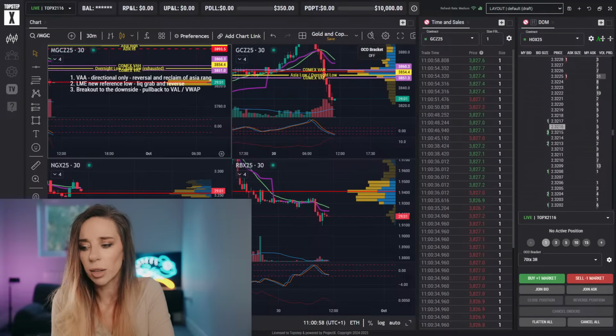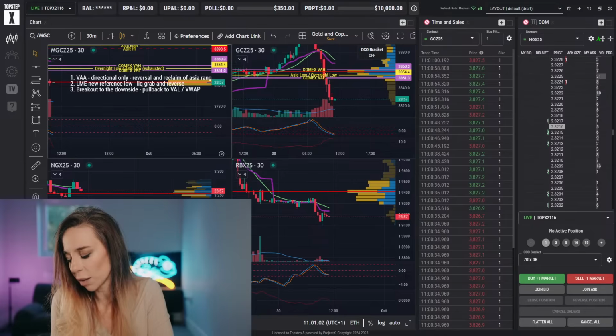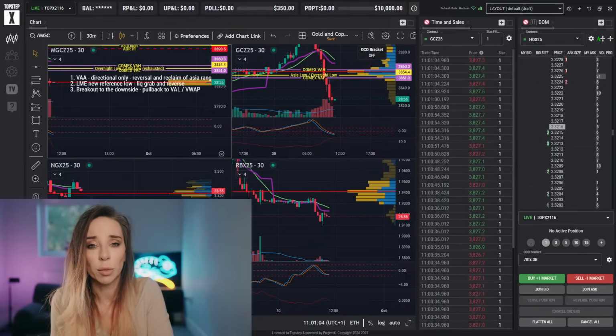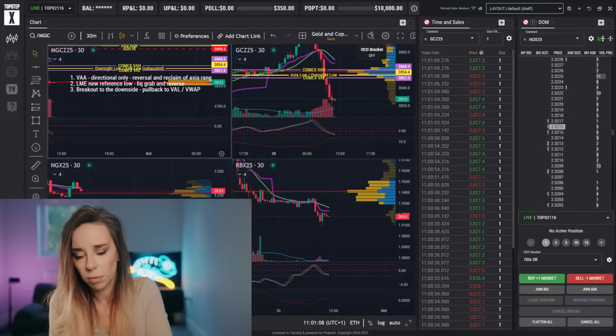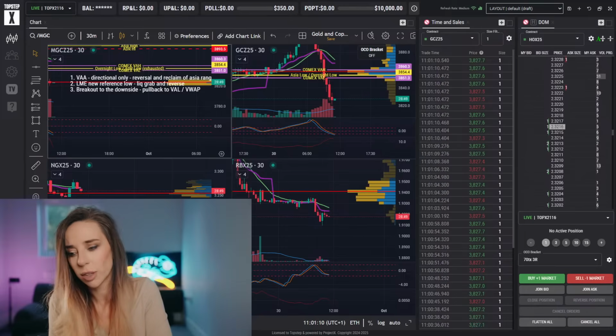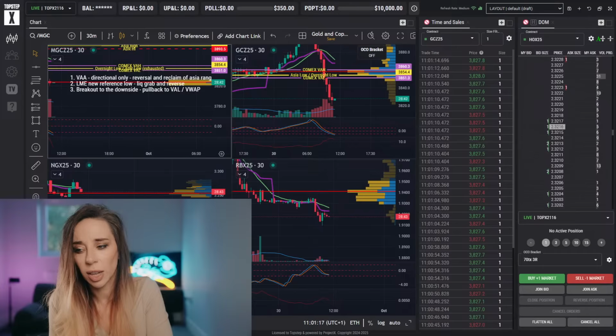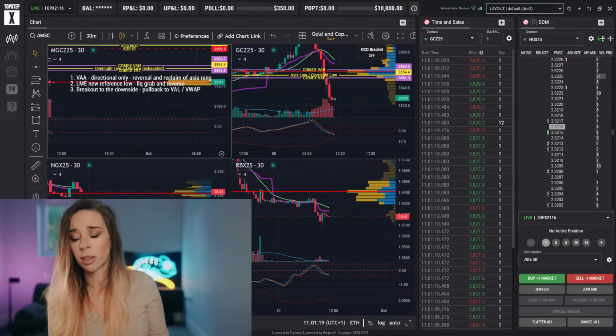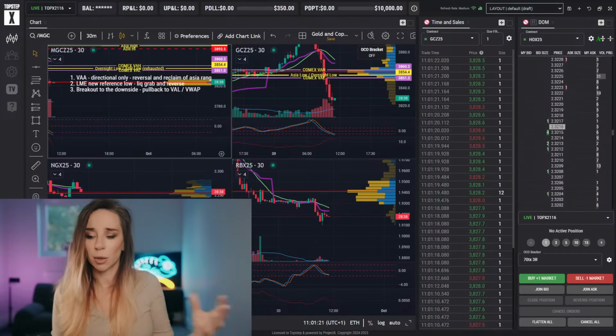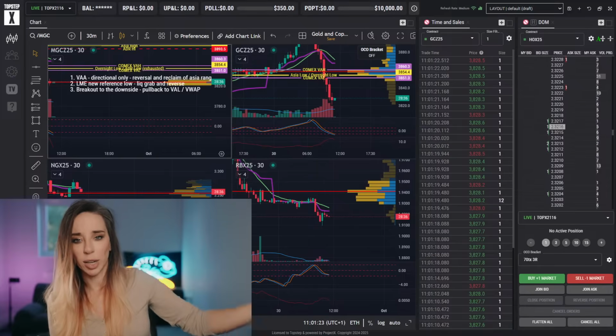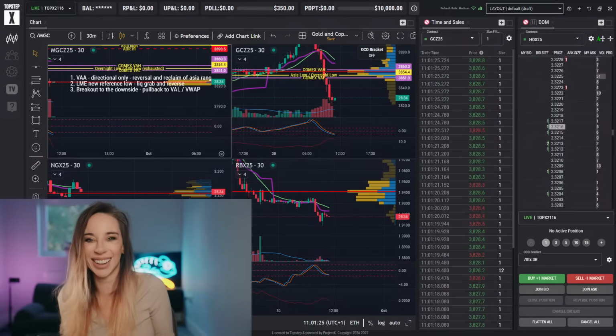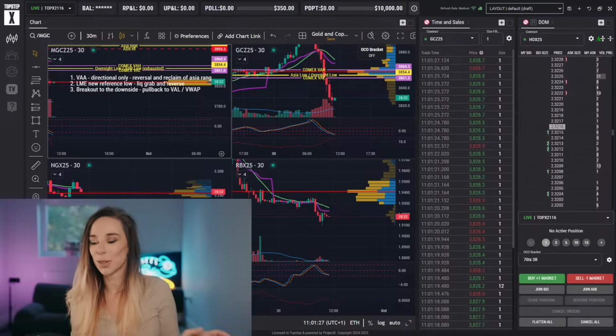What value at risk is, it's really a worst case scenario, right? If you were on the wrong side of the biggest day that gold had in the last 6 months, how much money would you need to have had in the account and not blow it in order to stay in for the entire day as the price went against you? That's the value at risk, in the simplest terms.